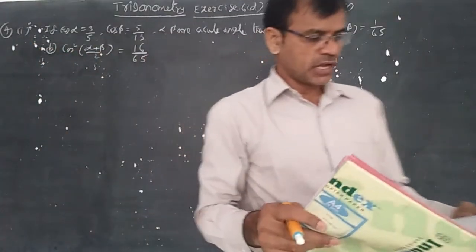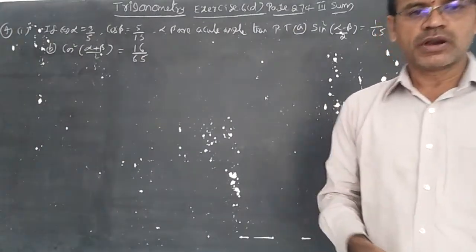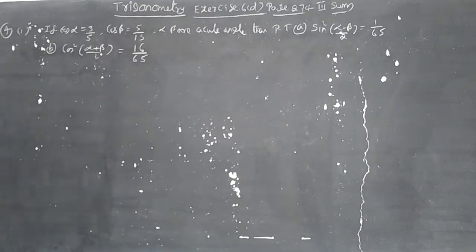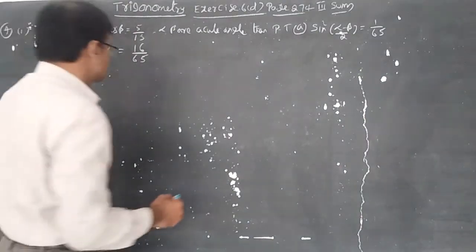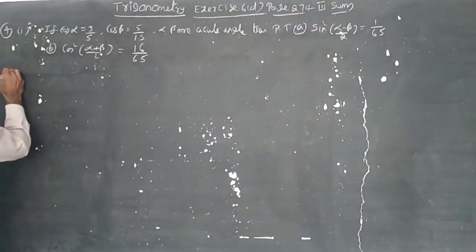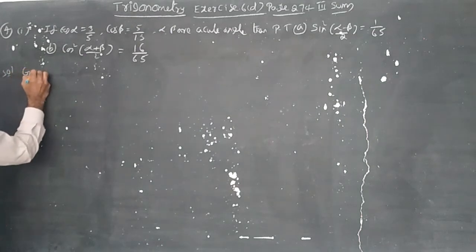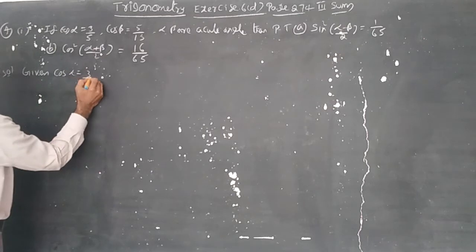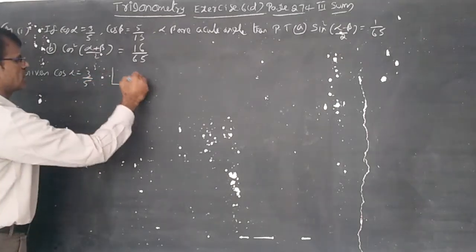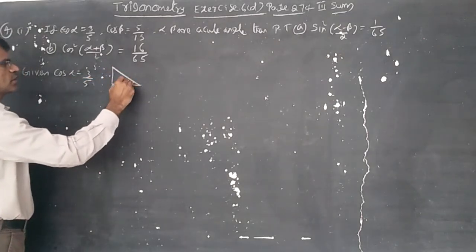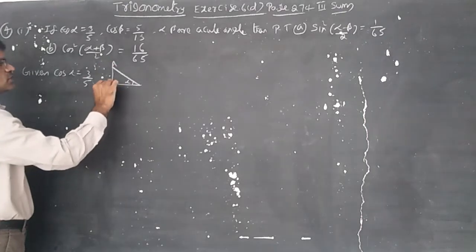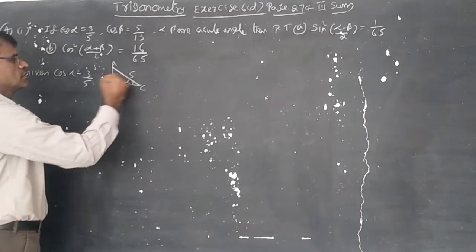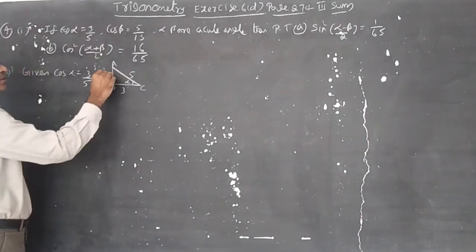Alpha, beta are acute angles given, so no need to worry about the sign of cos and sine, because whenever it is in the first quadrant, everything is positive. Given cos alpha is equal to 3 by 5, draw a right angle triangle like this, put here alpha. This is A, this is B, this is C. Cos means adjacent side by hypotenuse, so this is 3, this is 5, and this is 4.